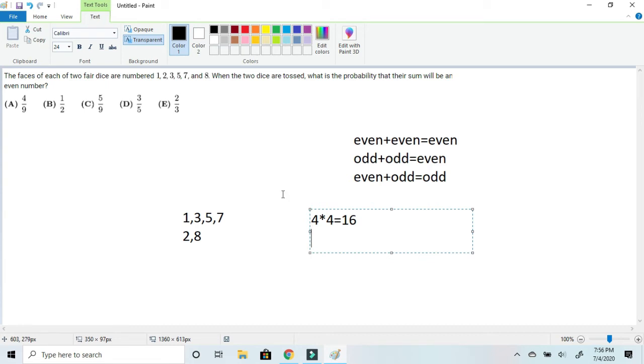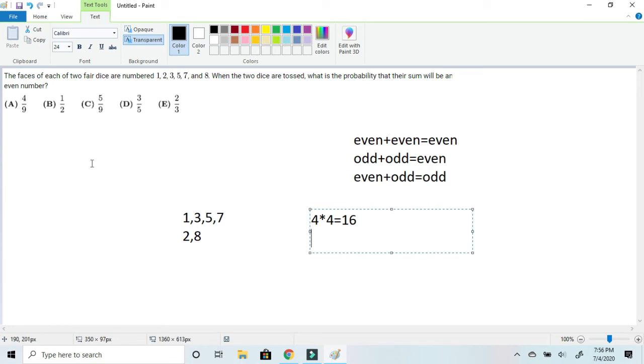Now, for the other one, 2 and 8. For 2 and 8, we can do the same thing that we did in the previous one for 1, 3, 5, and 7, because in 2 and 8, these two numbers are each on the dice, dice number 1 and dice number 2.